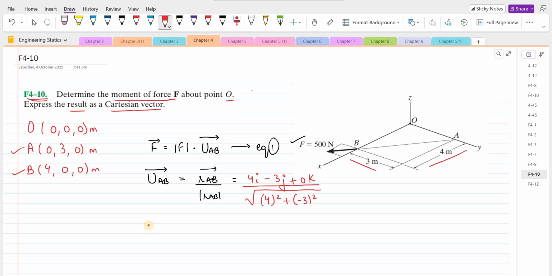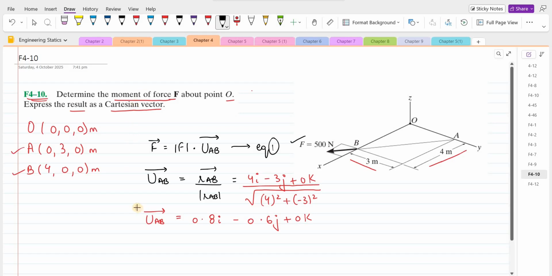Upon simplification, the unit vector AB comes out to be 0.8i minus 0.6j plus 0k. So this is our unit vector AB.